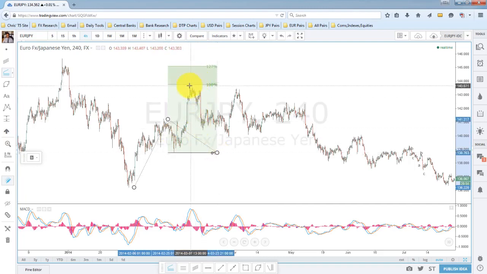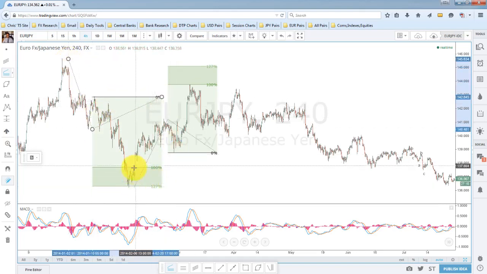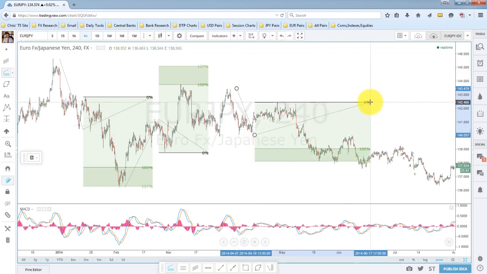Equal legs, 100% of that cycle. How about right here? Oops. There we go. I got my drawing tool. Equal legs 127. This one extended down to the 127. How about again here? Let's measure this down from our high to our low, back up to our correction. Equal legs 127 zone. Found support.